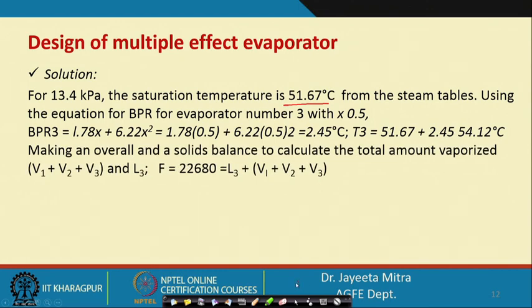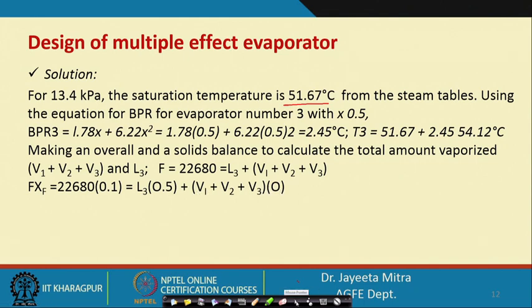Then we are making an overall balance. So, total feed will be divided into L3, that is the product we are getting, plus V1, V2, V3, that is the evaporation occurred from the evaporator. By doing the balance of the solid concentration, we are getting the amount of L3. So, F into XF is L3 into 0.5 plus V1 plus V2 plus V3 into 0.